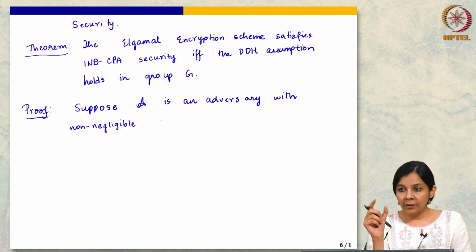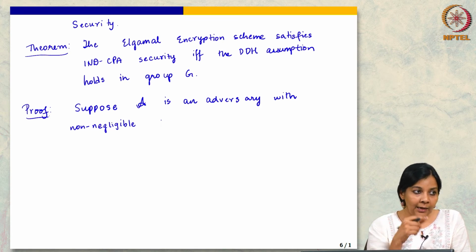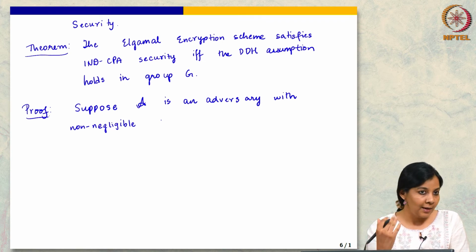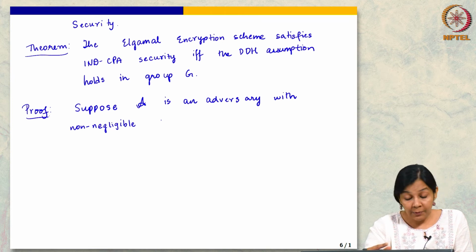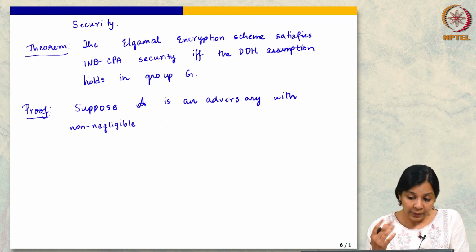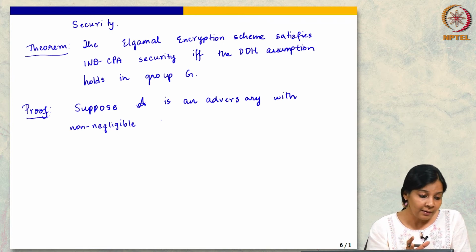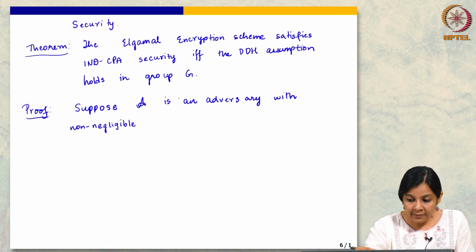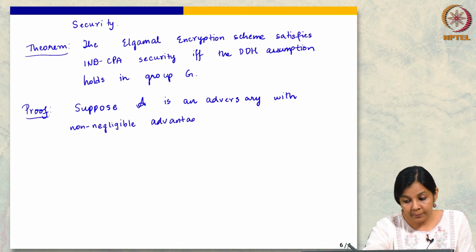We call that its advantage, and if this is non-negligible, then we say the adversary is winning the game, or rather, that the adversary has broken the scheme. So let us say that A is an adversary with a non-negligible advantage epsilon.